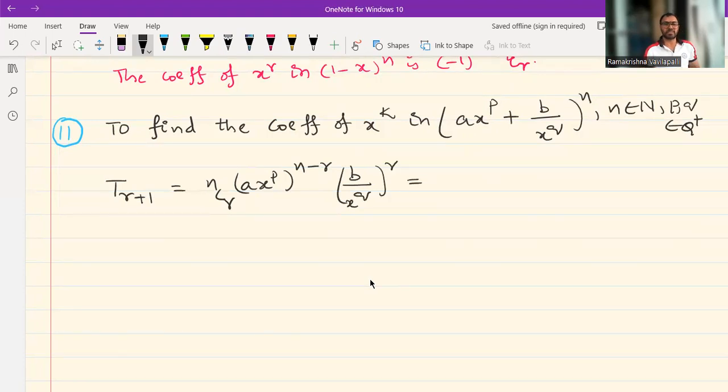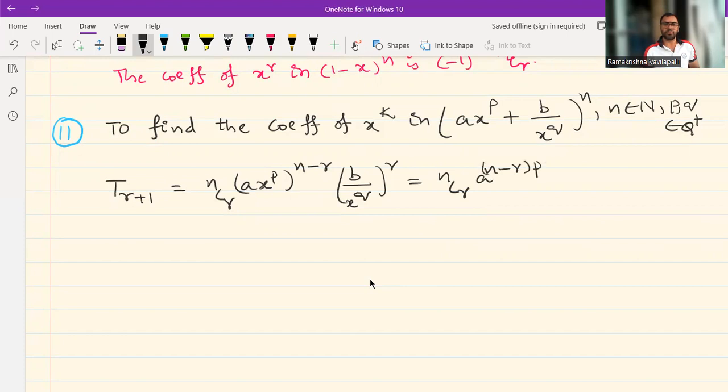After simplification, you see nCr a to the power of n minus r is constant, and b power r.